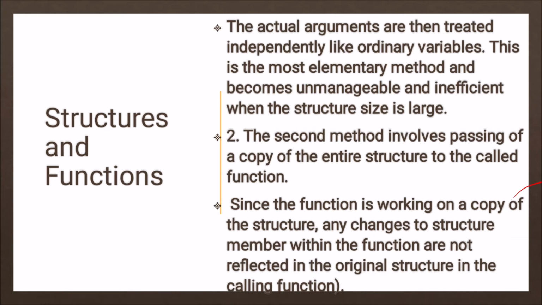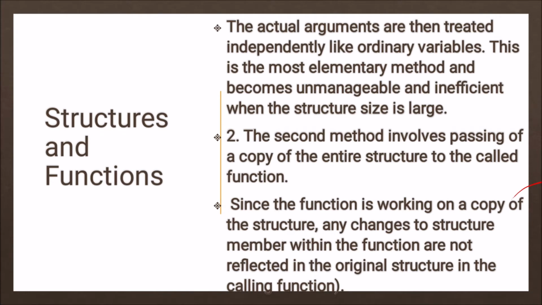Now the second method involves passing of a copy of the entire structure to the called function. So in this method, we are passing a copy, not the actual argument. Since the function is working on a copy of the structure, any changes to structure members within the function are not reflected in the original structure in the calling function.